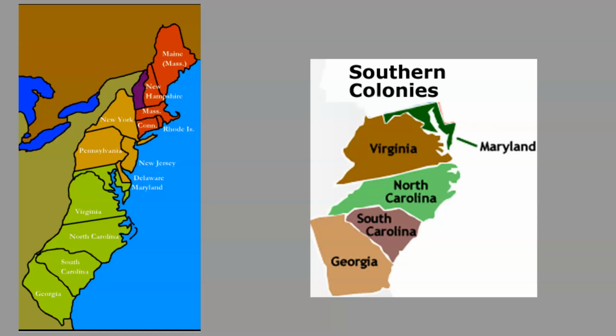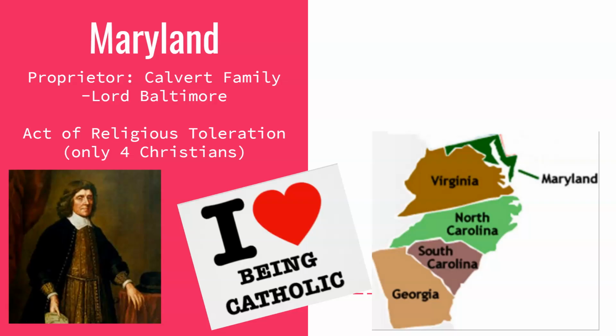So let's talk about Maryland. Okay, so this is the situation in Maryland. Maryland is given to a family. Before, we had joint stock companies getting a charter from the king to create a new colony, but now we're having people called proprietors. And proprietors literally owned the colony.